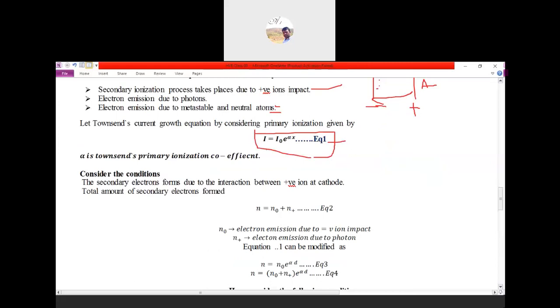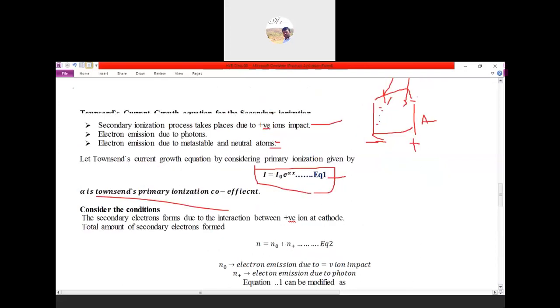In the primary ionization we get the ions, right? Those positive ions flow to the cathode and impact it, which causes the production of electrons. Those electrons are called secondary electrons.